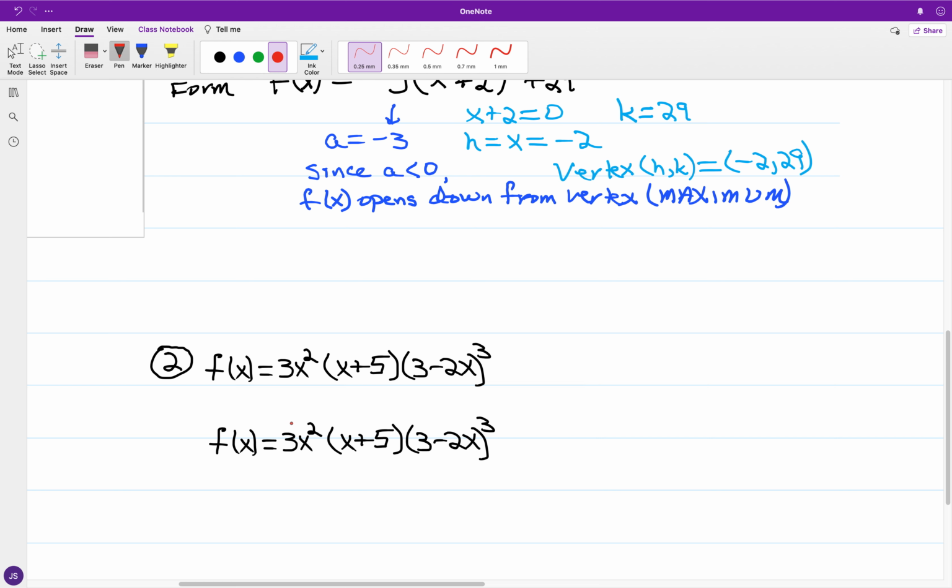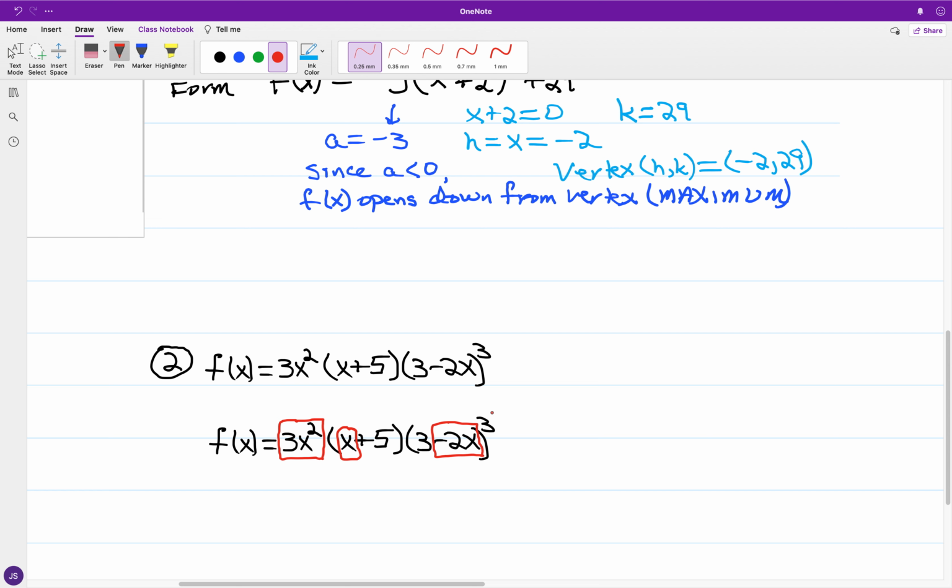With our factors, at the front we have 3x squared. So this is just a monomial term, and in its own entity it is its own highest order term. Now for x plus 5, we have higher order in x with x. Now we have a 3 minus 2x. The higher order term in x is going to be -2x.